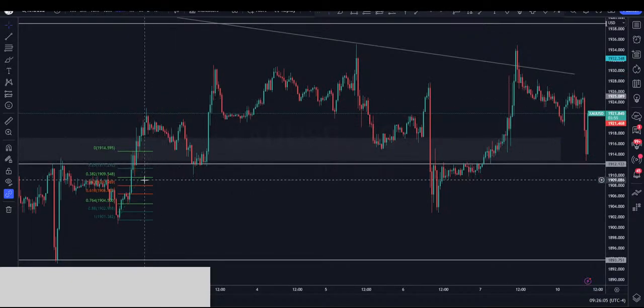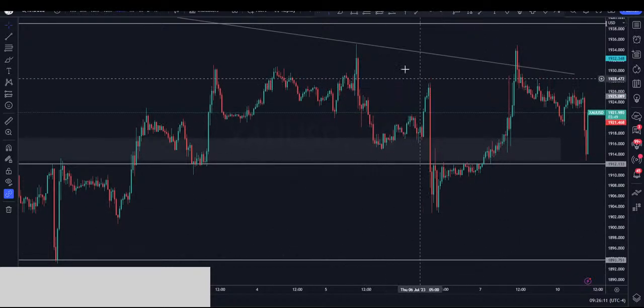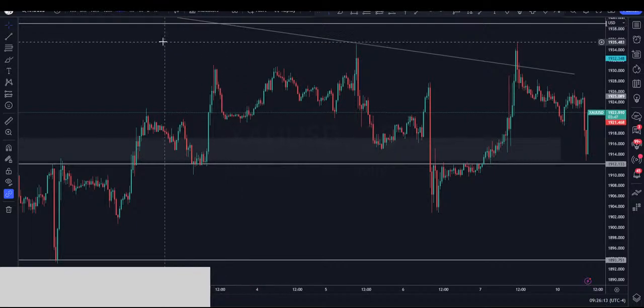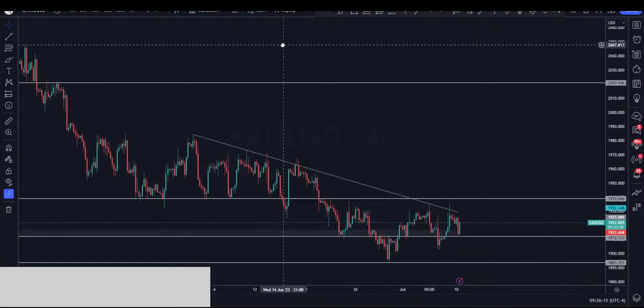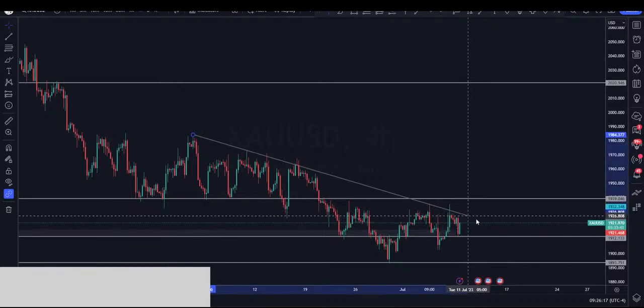Let's see what gold is doing. Okay, just about 4 minutes for the market to open. Let's see gold.